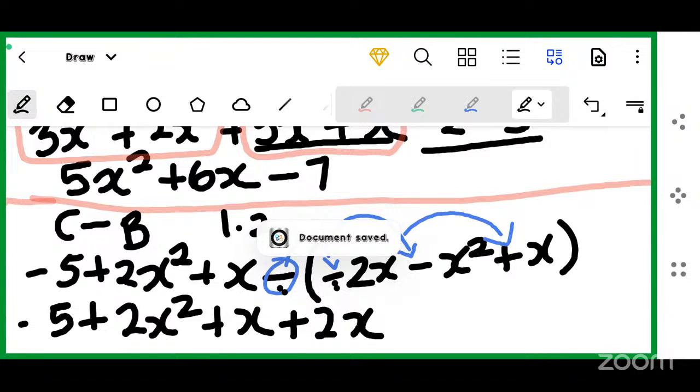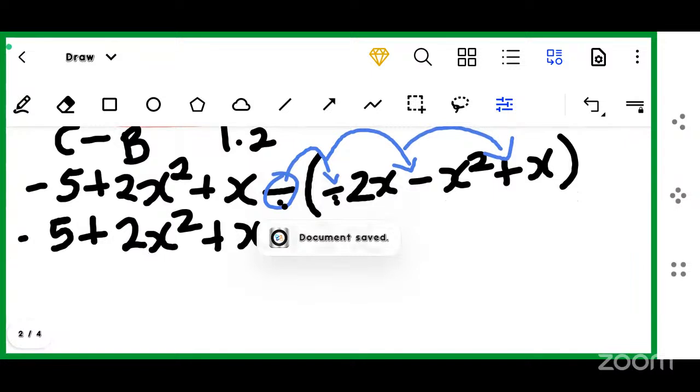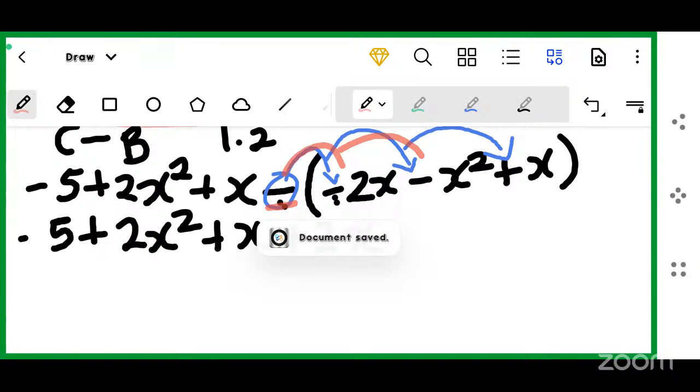Okay, let me just write it down. So we have a negative here, remember? The negative is going to multiply the negative 2x, it's going to multiply the negative x squared, and it's also going to multiply the positive x. So negative multiplied by negative usually gives you positive, meaning that multiplying this negative and this one gives you positive 2x.